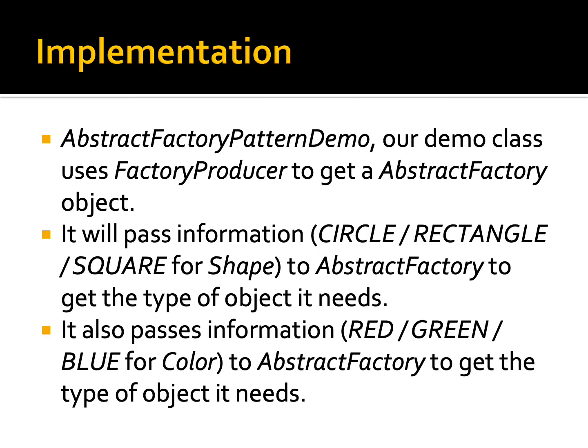Next, we will again give the demo. We will also create the client class, which will be our main demo class, and it will request the factory producer to get the instance of our super factory or the abstract factory, and it will pass the information for the product. Let's say if the product is shape, then the input will be the type of the shape.